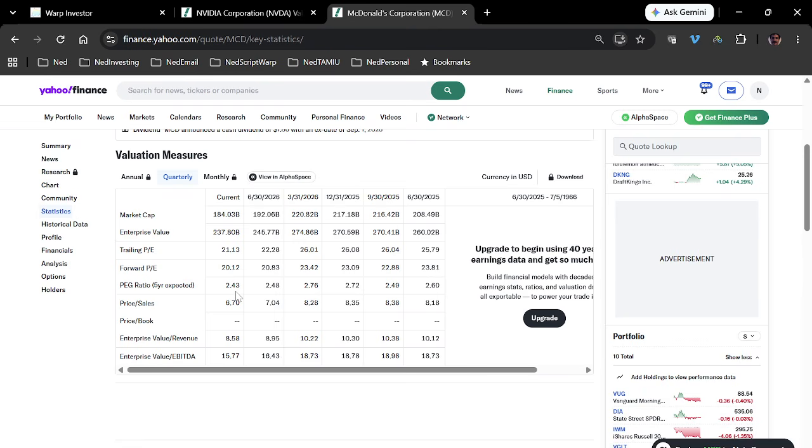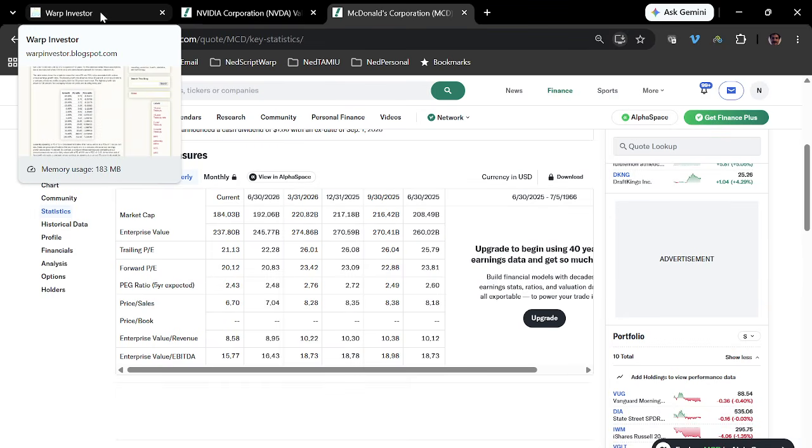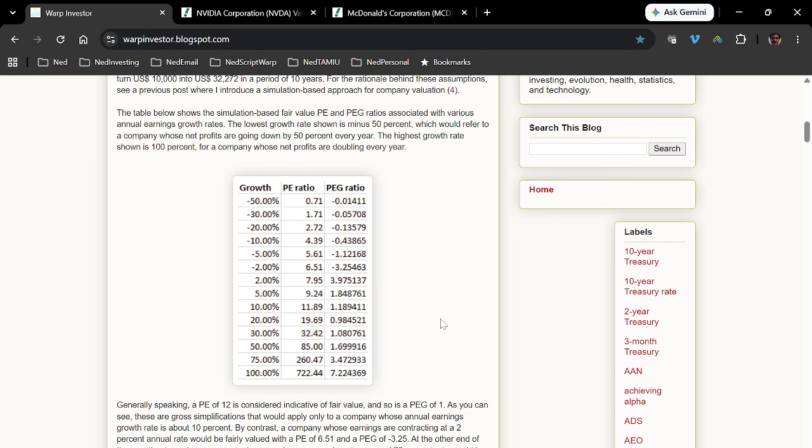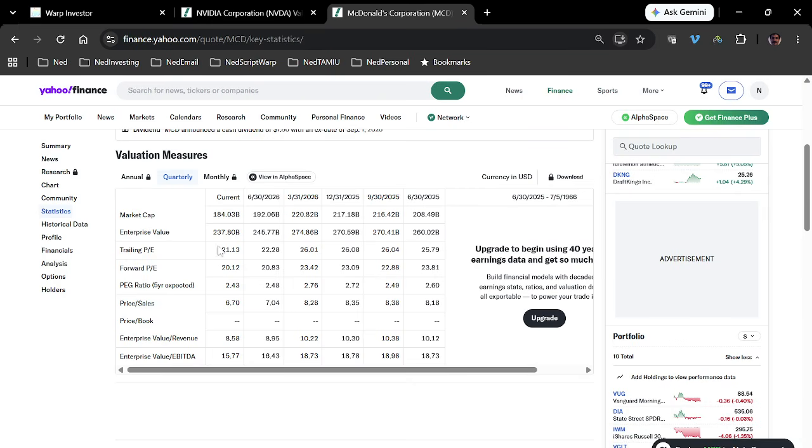So that would be essentially an expected growth rate of 10% going forward, for the next several years, and then 10% per year of growth. So with an expected growth of 10% per year, a properly priced stock would have a PE ratio of close to 12. And McDonald's has a significantly higher PE ratio.